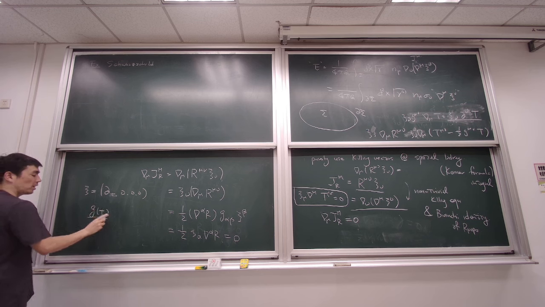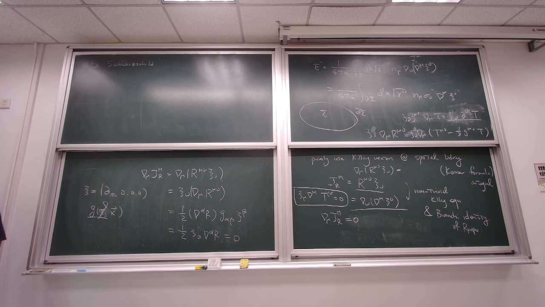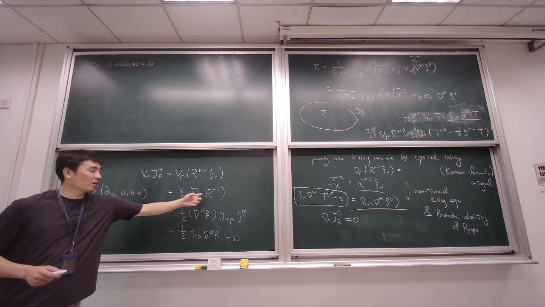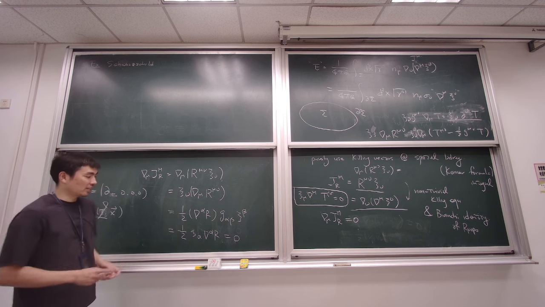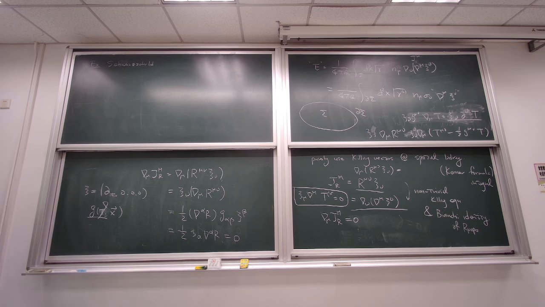So the metric can always be chosen locally such that it is independent of t. Therefore, C mu acting on this quantity should be 0. I think that's true, but I don't know how to derive it.